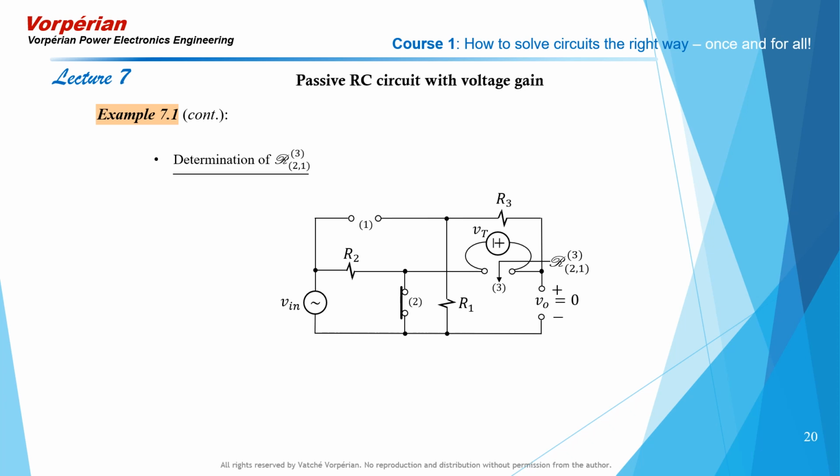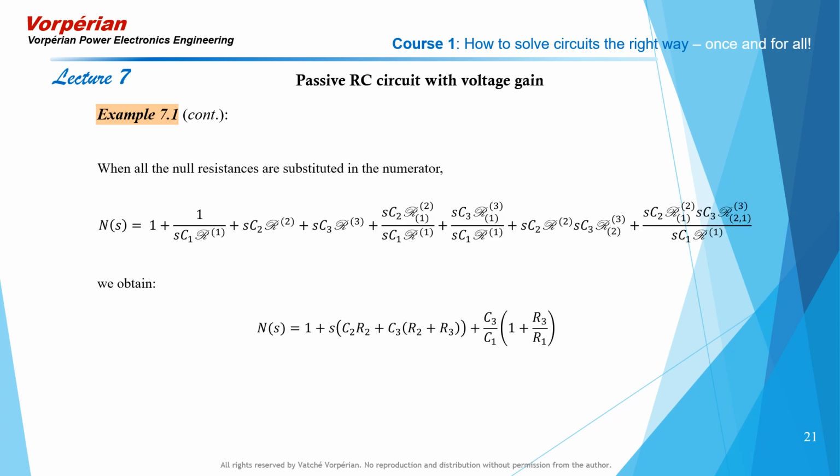Whatever you make the value of Vt, including 0, which is the null condition here, that impedance looking between these two terminals here is always R1 plus R3. So R321 is R1 plus R3, regardless of what we make this voltage to be, including 0. When all the null resistances are substituted in the numerator, we obtain the complete expression of the numerator, shown here.